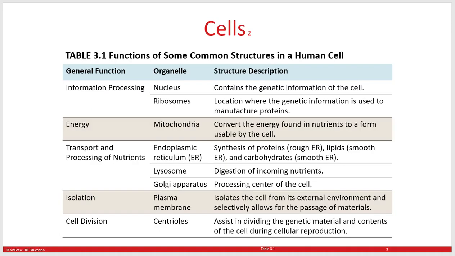Some of the organelles are listed here that we can find inside of a cell, like the nucleus and the ribosomes. This is a nice little table to look at when you're studying what the organelles are and what they do, and this is a great image so that you can see what they look like.